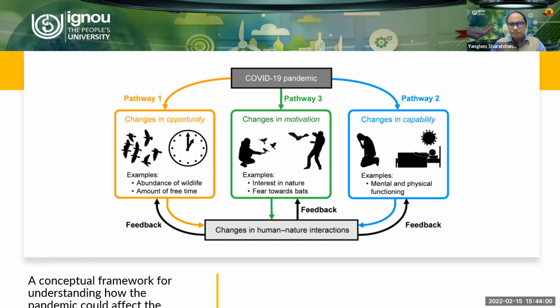So the point is that when something happens, there are changes in human-nature interaction. And if you look before, in the process of human civilization, different cultures, from agriculture to industrialization, all these human-nature interactions change, and this is to adapt to the system.